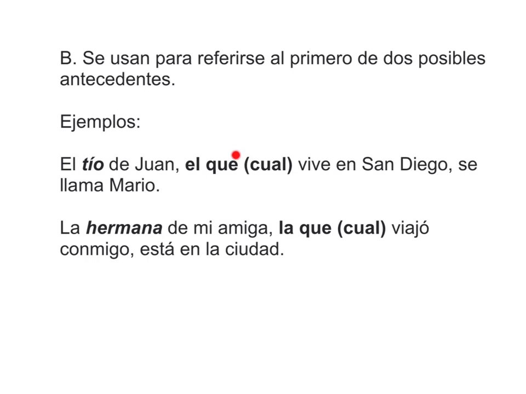So we need to use the long form, el que, to let us know that we're referring to tío, that this relative clause is going to be modifying tío and not modifying Juan. So if we were modifying Juan, we would say quien o que. So el tío de Juan, el que o el cual vive en San Diego, se llama Mario. So Juan's uncle, who lives in San Diego, is named Mario.